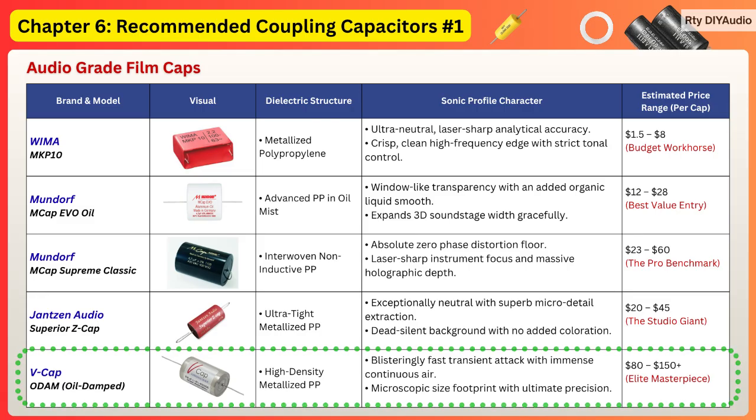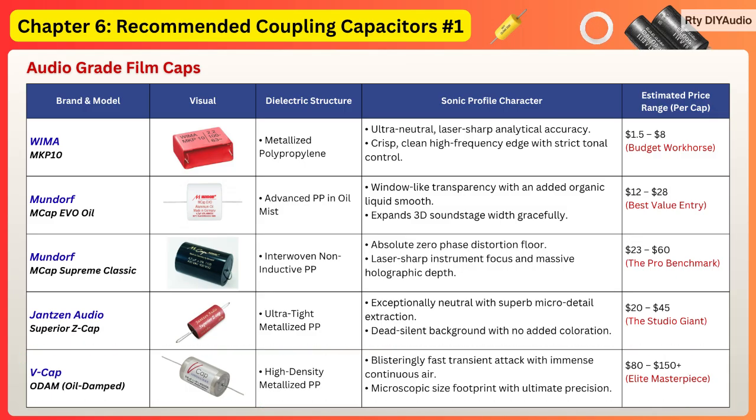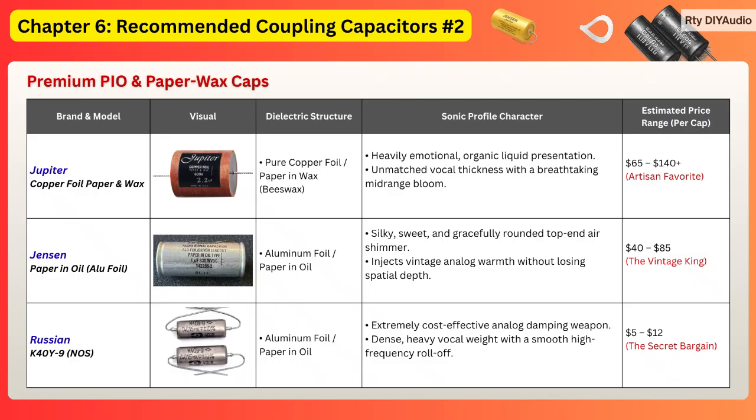This flagship miniature masterpiece delivers a blisteringly fast transient attack with immense continuous air, packaging ultimate mechanical precision into a microscopic footprint. Analyze these sonic profile characters, match them to your acoustic target, and select the ideal film formula for your next modification. Let's advance to Part 2, focusing on premium PIO and Paper-Wax capacitors.